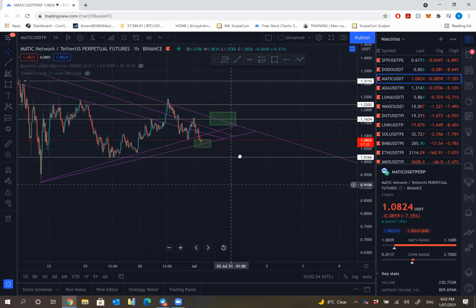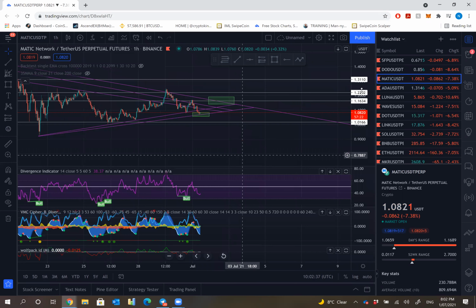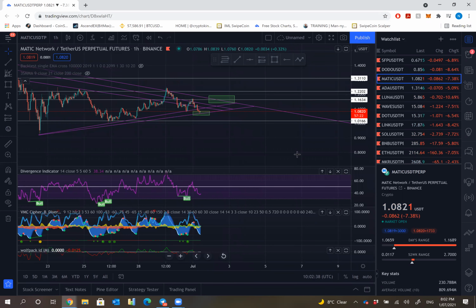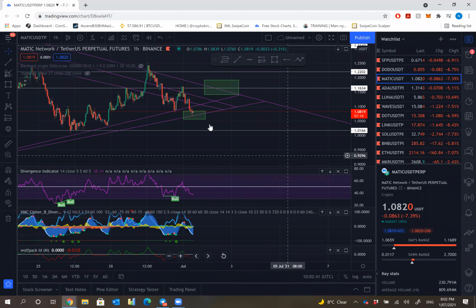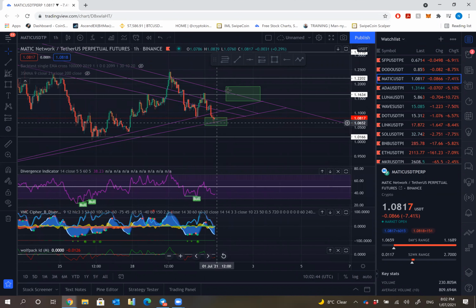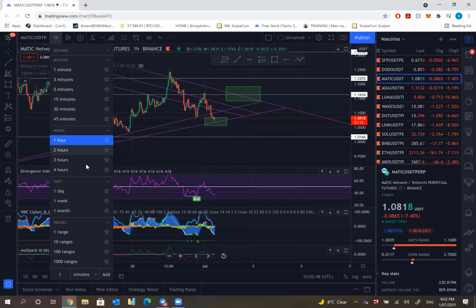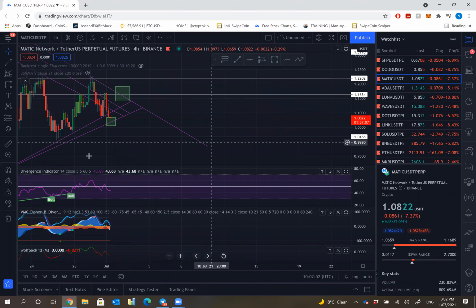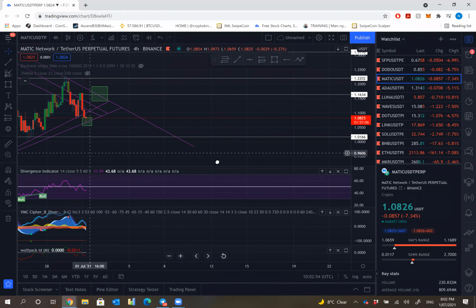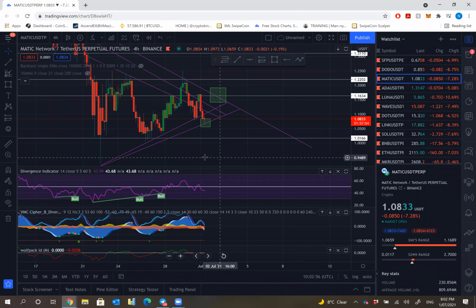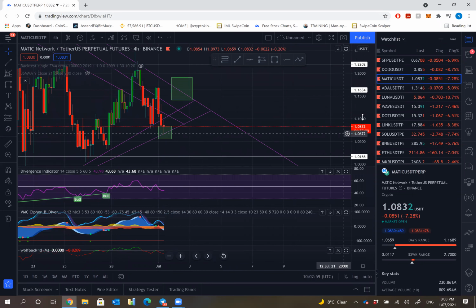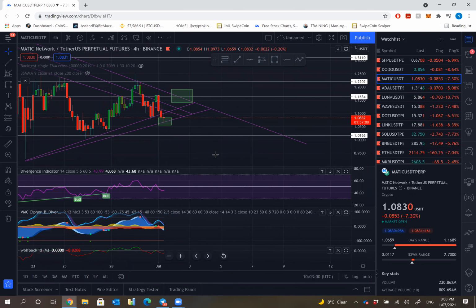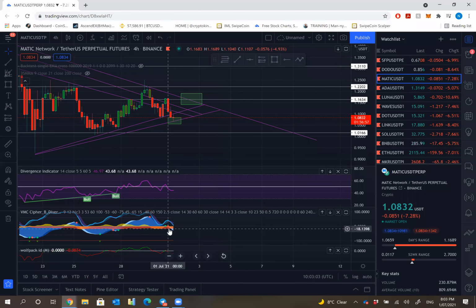So for here, because some people will be like, okay, should I enter my trade here on the bounce off? Will it bounce up? I always take it to the 4 hour, because you want to see what the coin is going to be doing overall. Now, straight away, you can see on the 4 hour, I wouldn't even think about entering that trade, because you've got a big red dot.